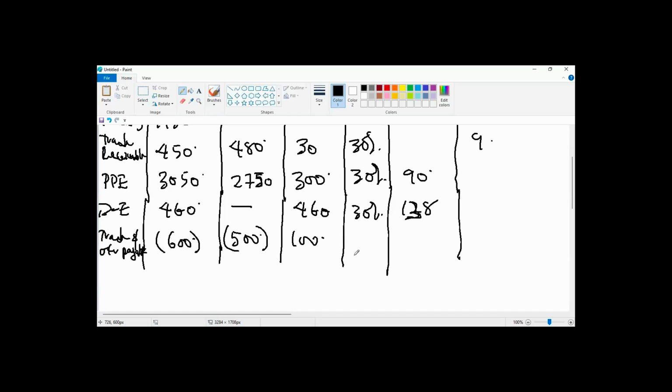Say deferred tax liability or deferred tax asset. Asset. Asset of how much? 30.